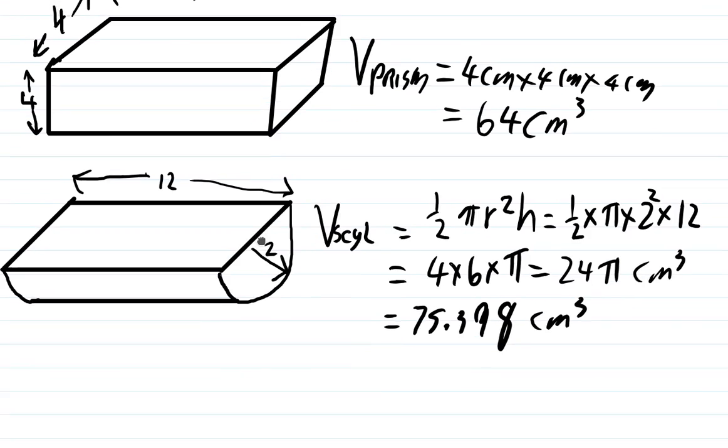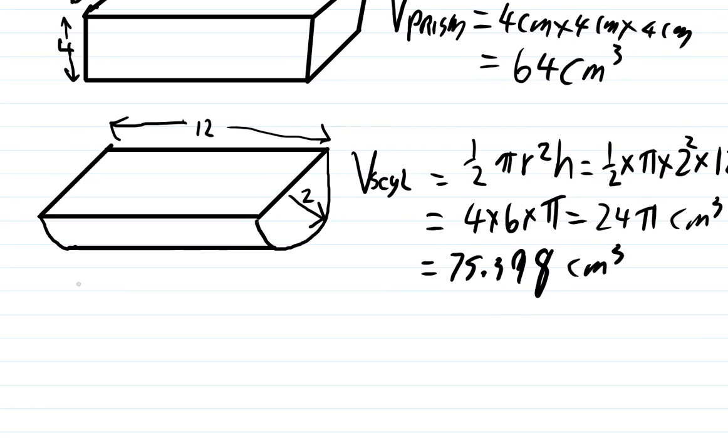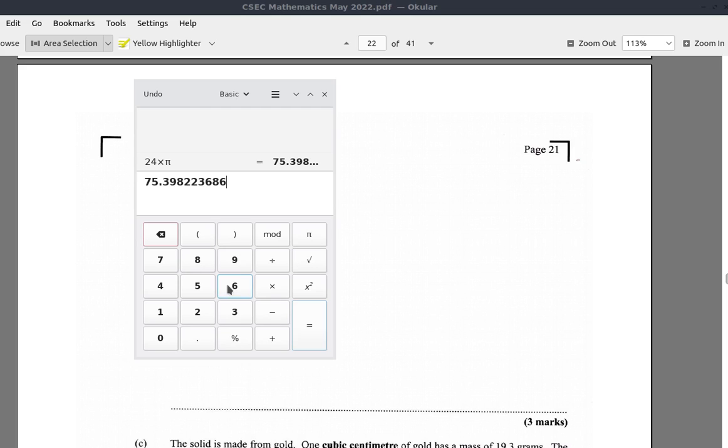So now, the total volume of the solid will be 64 plus 75.398 equals, then when I reach the answer, I could round off. 64 times 75.398 equal 4,825.